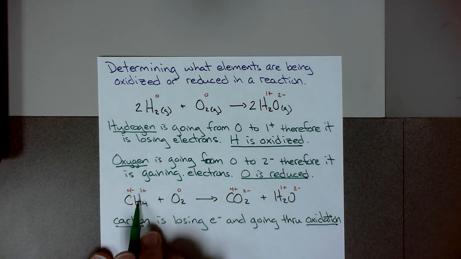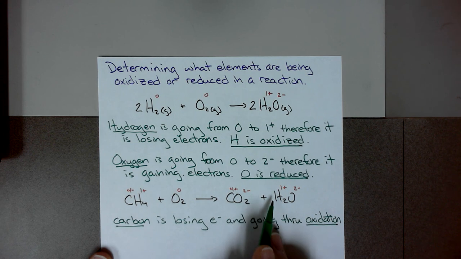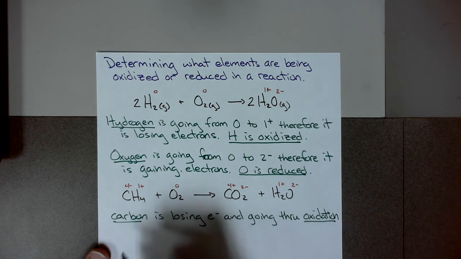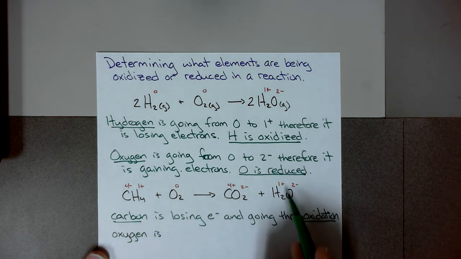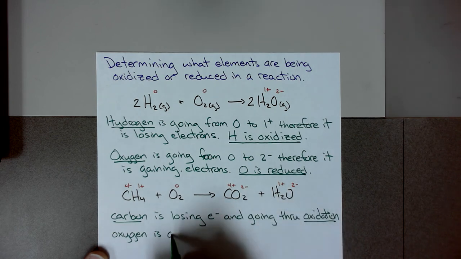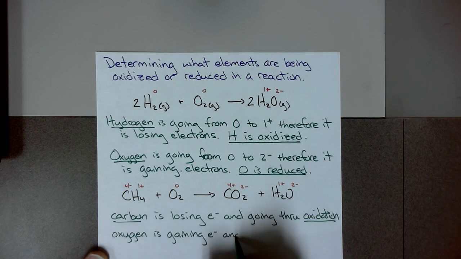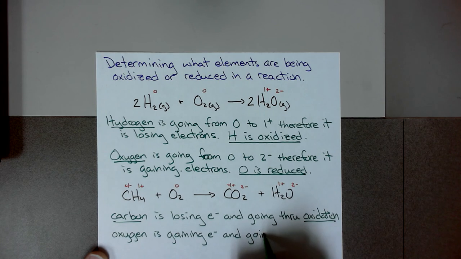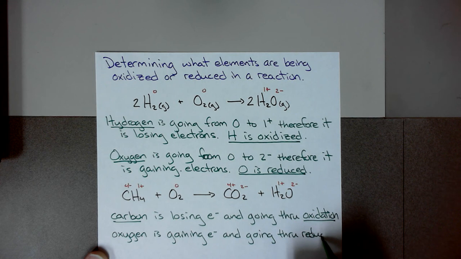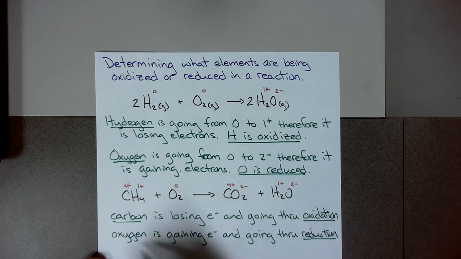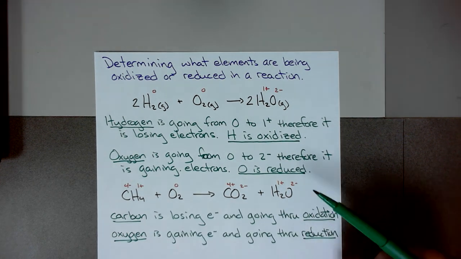Hydrogen is going from a 1 plus to a 1 plus, so nothing happens there. Oxygen, on the other hand, is going from 0 to a 2 minus on both sides, so it's gaining electrons. And if it's gaining electrons, it is going through reduction. So oxygen is going through reduction, and we can see that.